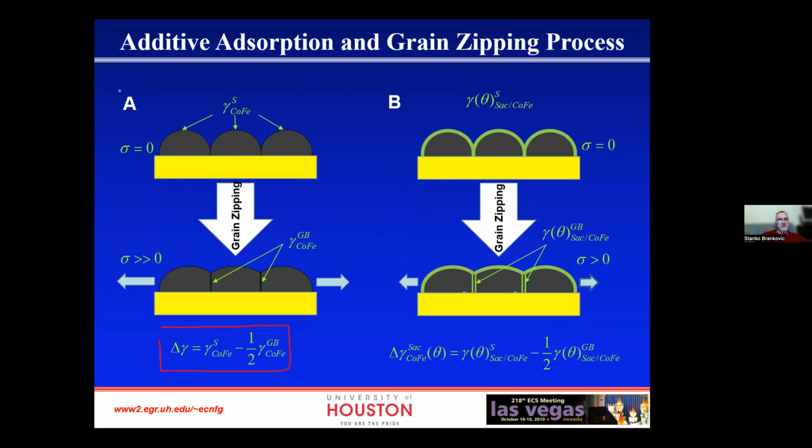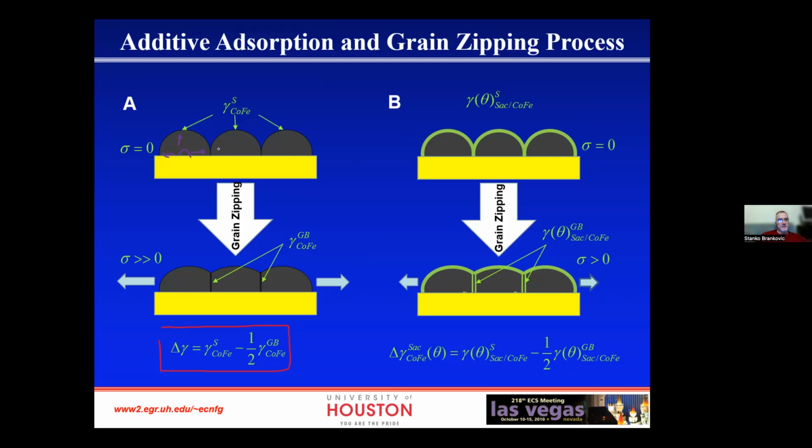Now, case A here is the situation where we are growing cobalt iron, for example, or metal grains, which are first deposited as small nuclei like this, and then they grow in all directions, right? And basically become bigger grains that eventually grow and start to impinge on each other, okay?